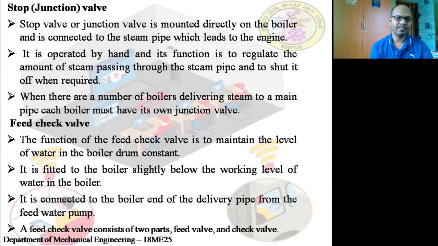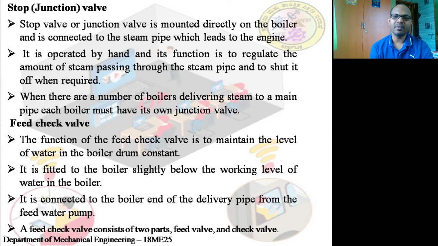Feed check valve. The function of the feed check valve is to maintain the level of water in the boiler drum constant. It is fitted to the boiler slightly below the working level of the water in the boiler. It is connected to the boiler end of the delivery pipe from the feed water pump.